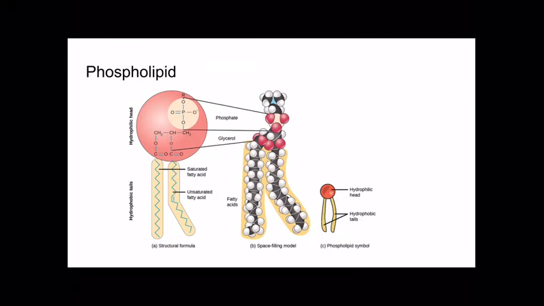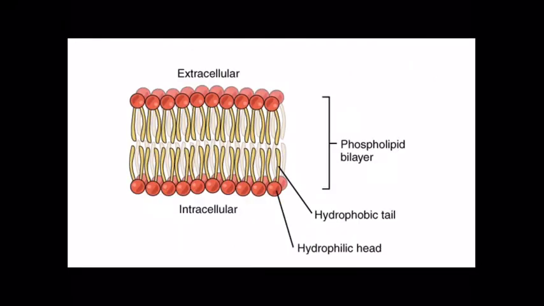Those qualities give phospholipids unique characteristics that we utilize structurally in cells and in our body. What we're looking at here is a phospholipid bilayer. Phospholipids will arrange themselves so that all of the hydrophobic tails, in other words, all of the fatty acids, will orient toward each other, because in essence they're like a fat droplet. They want to stay out of water.